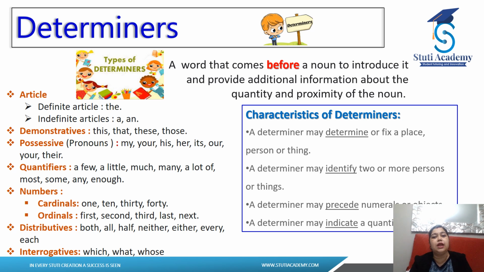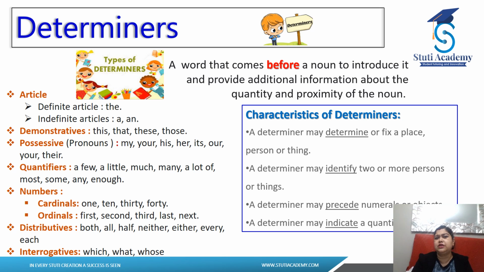Then we have the numbers or the numerals. Now numerals are divided again into two parts. One is the cardinal and the other one is the ordinal. So cardinals are 1, 2, 3, 4, 10, 20, 50 and so on. And similar to the cardinals but slightly different are the ordinals, which are first, second, third, fourth, fifth, tenth, hundredth and so on.